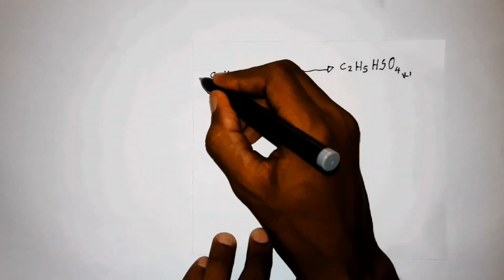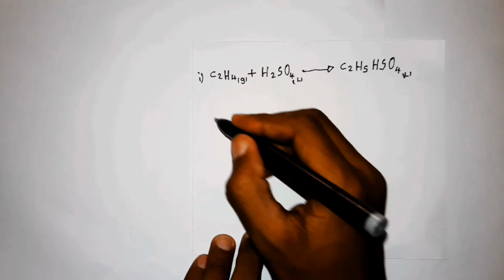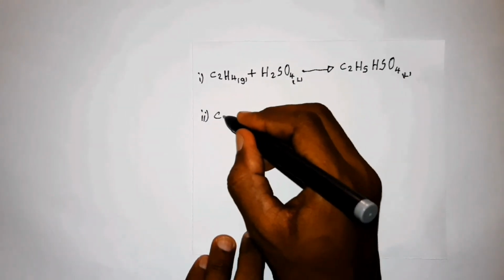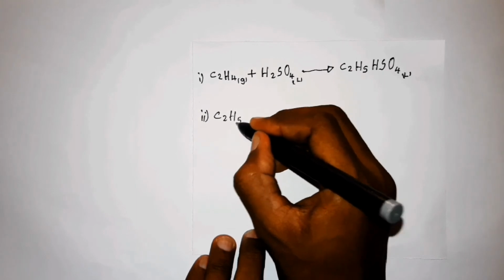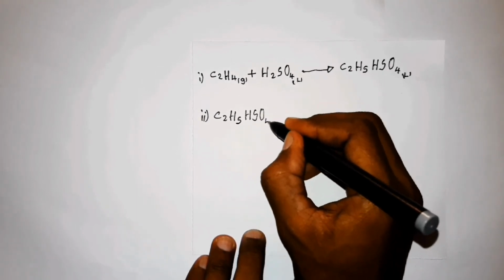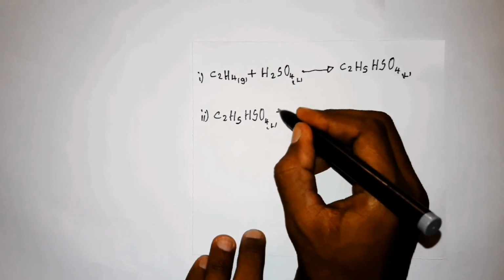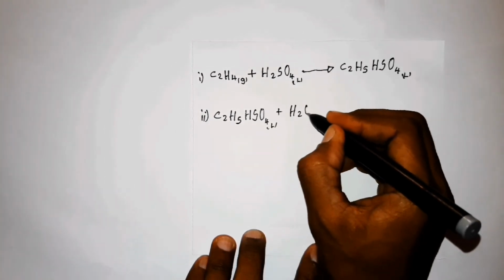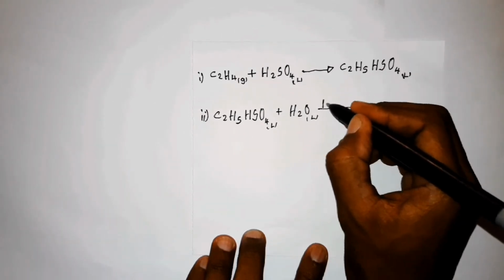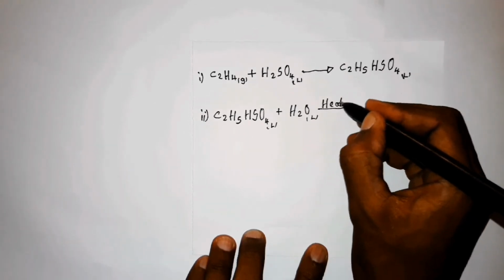So that's the first step. The second step now is the ethyl hydrogen sulfate formed, that is C2H5HSO4 liquid, reacts with water, that is H2O. This is where the hydrolysis process occurs, and the condition required here is a source of heat.